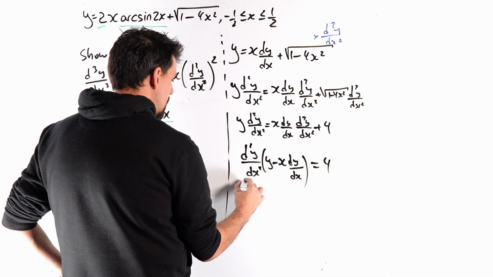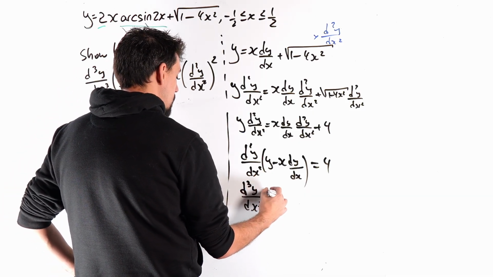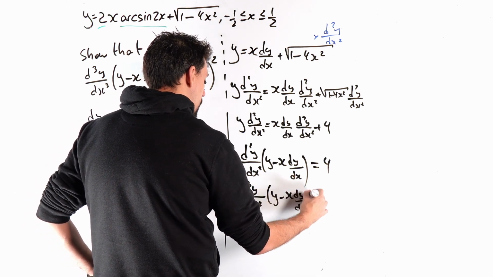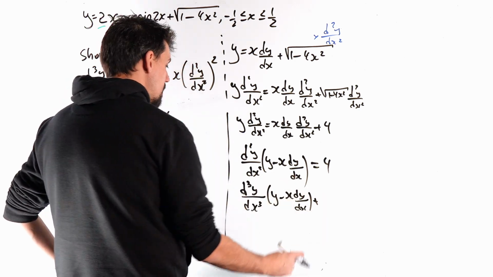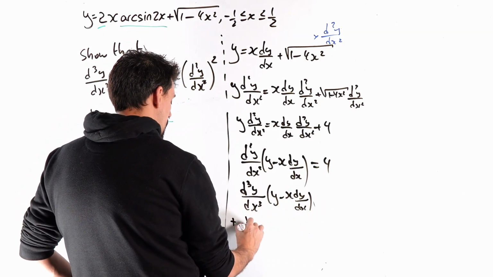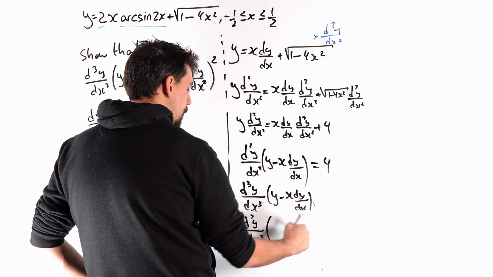So differentiate the d2y dx squared, that's d3y dx cubed, keep that bracket, plus keep the d2y dx squared and differentiate the bracket.